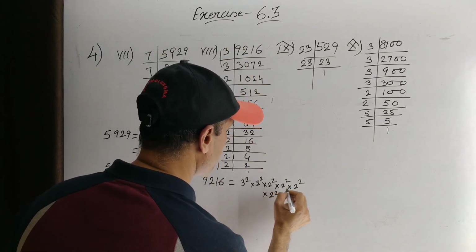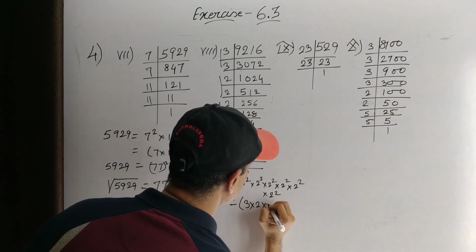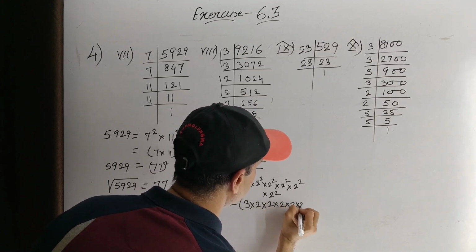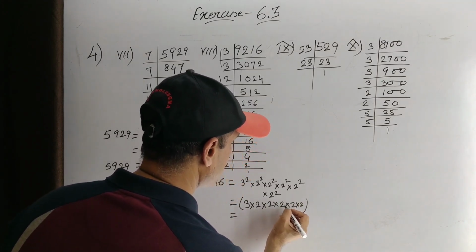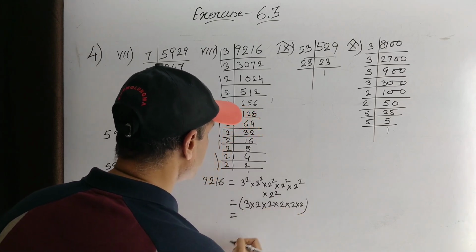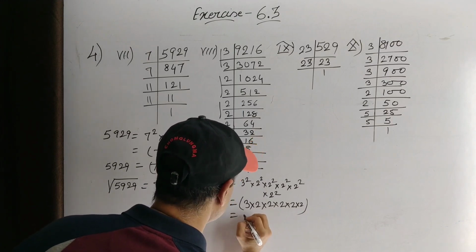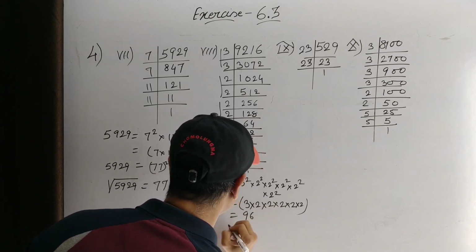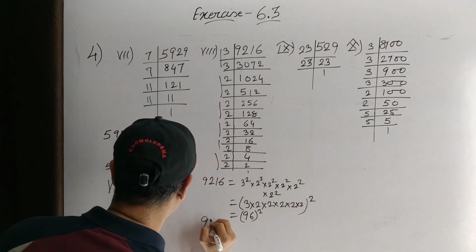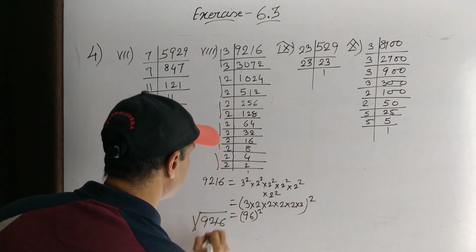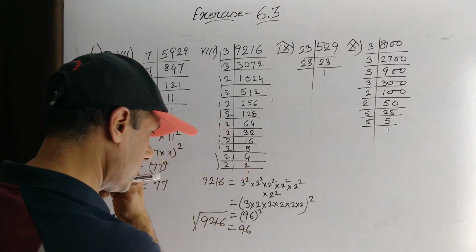So we get this as 3 into 2 into 2 into 2 into 2 into 2. This is equal to 2, 4, 2 to 8 into 2, 16 into 2, 32, 32 into 3, that is 96 whole square. So we get 9216 under root is equal to 96.